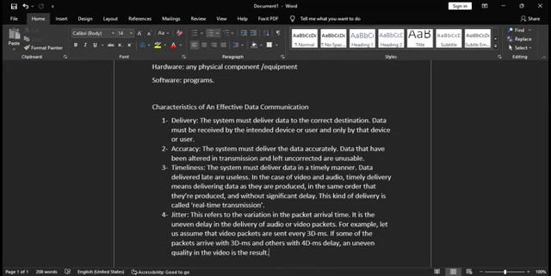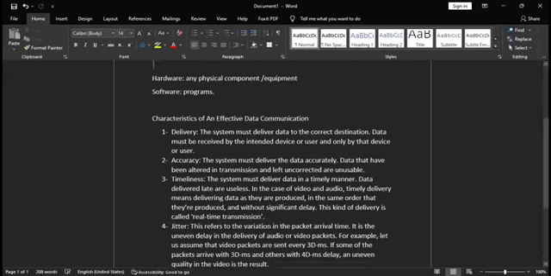Because of this uneven delivery of packets, it is going to result in uneven quality in the video, meaning the quality of the video is going to vary from time to time because of this uneven packet delivery. So this is all we have to say regarding characteristics of an effective data communication.